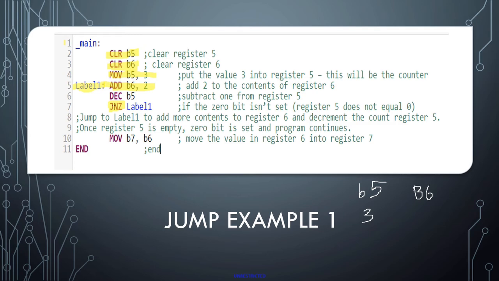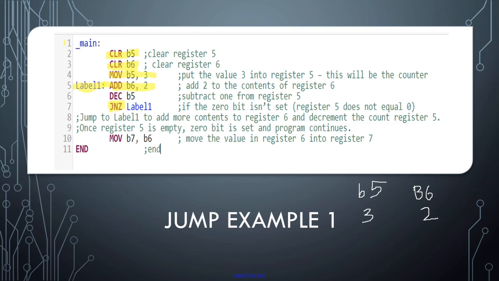If we started with the number 17 and we keep adding 2, our result is going to be very different than if we clear that register out and start with 0. We know that we started with 0 because we cleared it. So now register 6 is equal to 2.